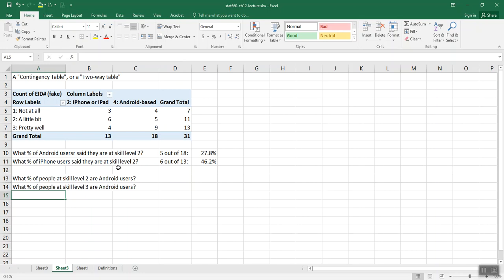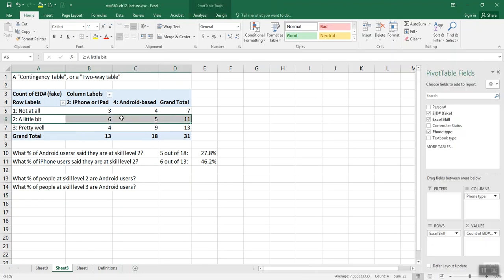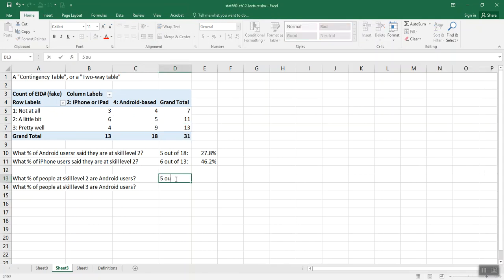Welcome back from unpause. There are 11 people at skill level 2, and 5 of them are Android, so we'd say 5 out of 11. And what percent of people at skill level 3 are Android users? There are 13 people, and 9 of them are Android based.